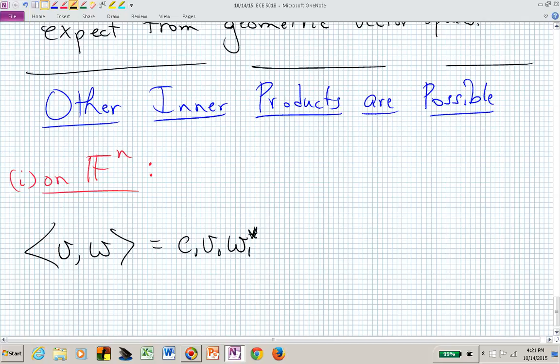That looks just like before, except now we've scaled it by a scalar c sub 1, plus c2 v2 w2 star, and we'll continue to scale those pairwise products of coordinates with scalars c1, c2 through c sub n, depending on the coordinate we're dealing with.